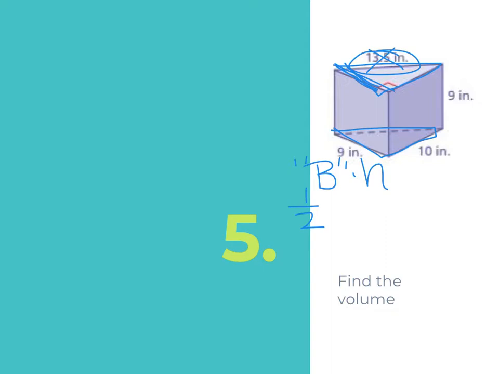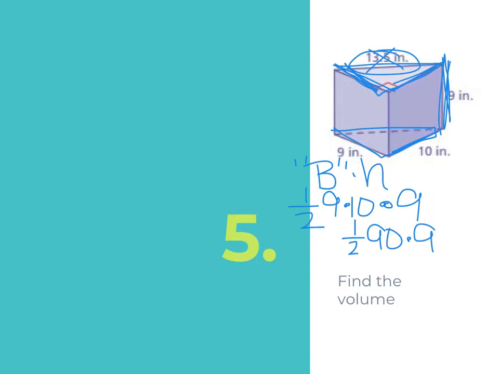Let's say this is base, so that's 9, times height, here's our height down here, times 10, times the height of the entire thing. Now this one's standing on its base, so you can see what that looks like, and times 9. Okay, so we're going to do 9 times 10, 1/2 of 90 times 9.